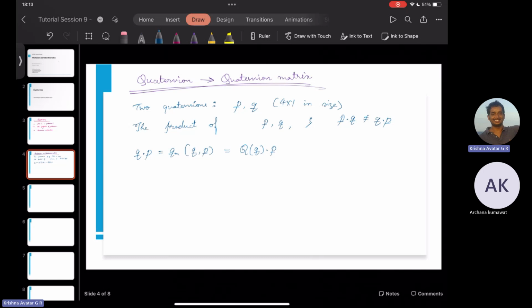Since P is a vector of 4 cross 1, in order to obtain another quaternion, the output of matrix times vector should also be of the same length, 4 cross 1. So for this to happen, Q must have the size 4 cross 4. As a result, this Q is called a quaternion matrix.